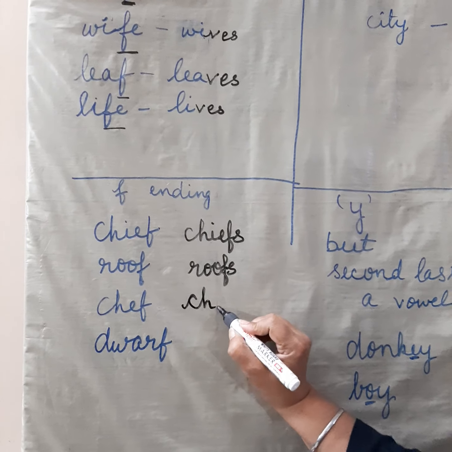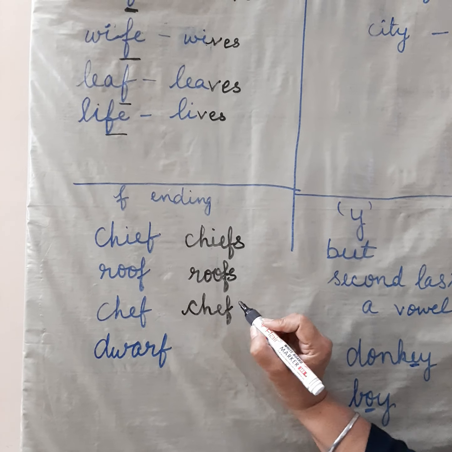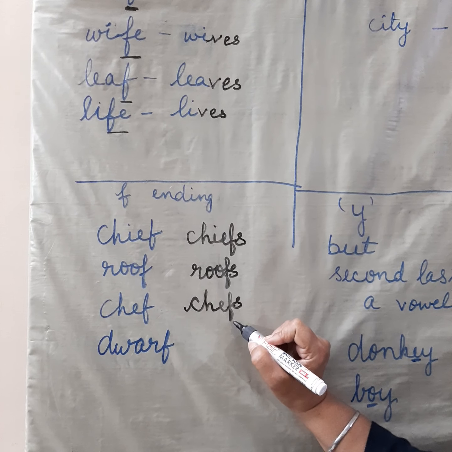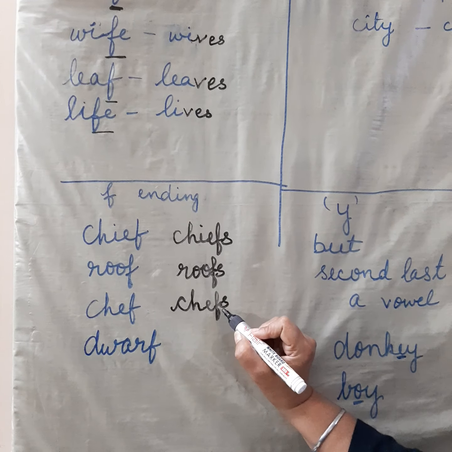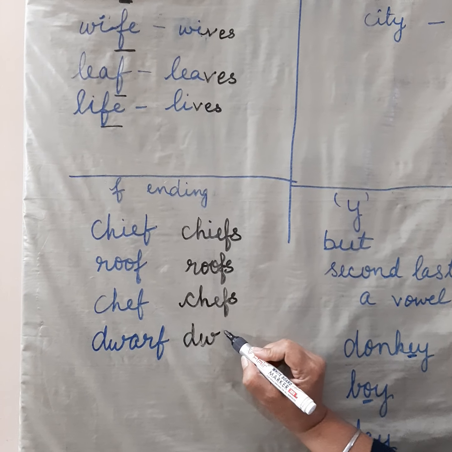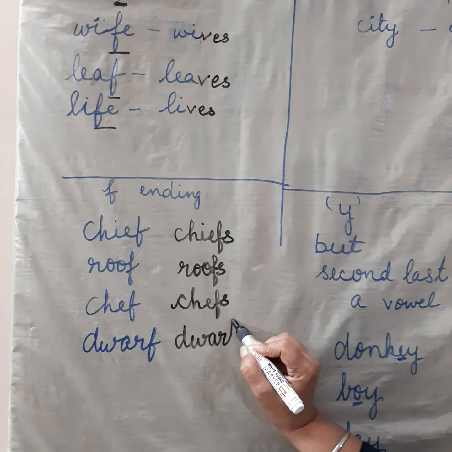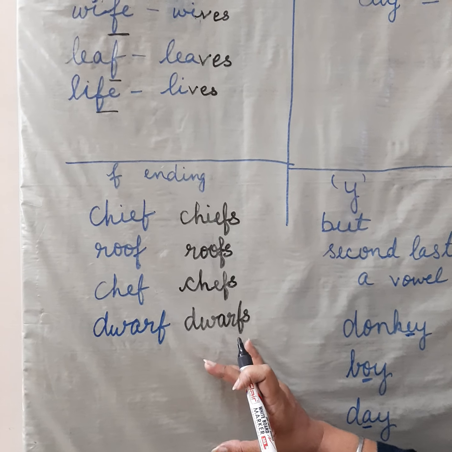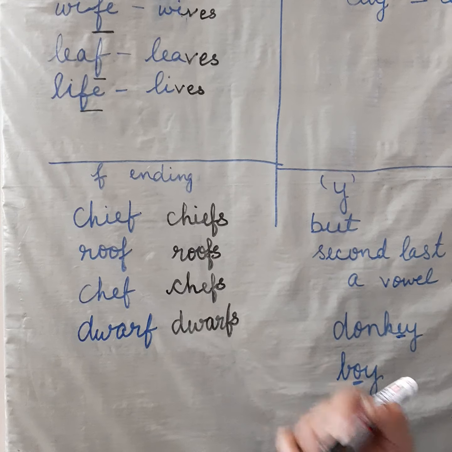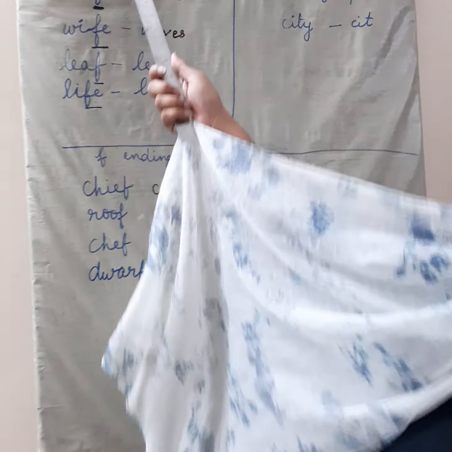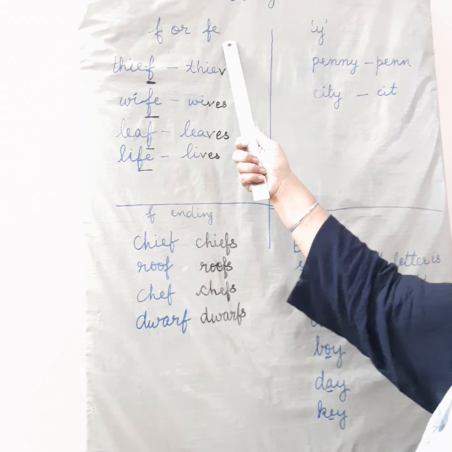Then chef, to make this plural, you will not replace it by VES, you will just add S. Dwarf, you will just add S to it. Now children, these were the words that end with F or FE.